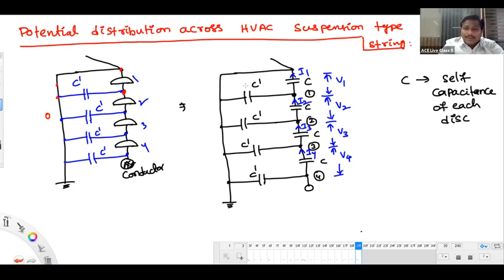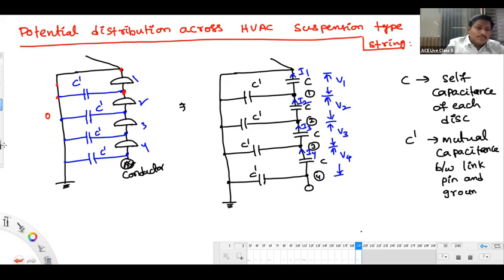And whatever the C dash we have here, that is going to be called as mutual capacitance between any metal link to tower, or link pin to ground also you can say. Link pin and ground.